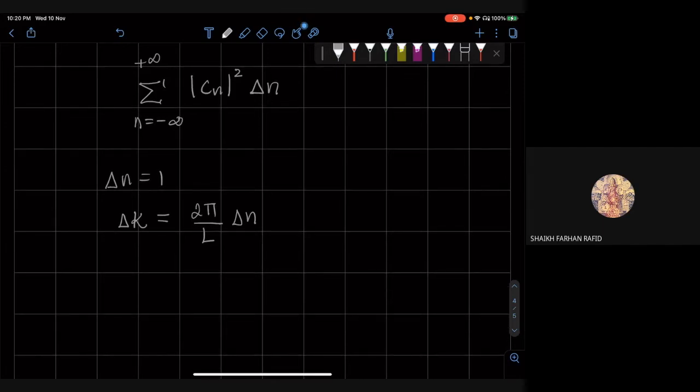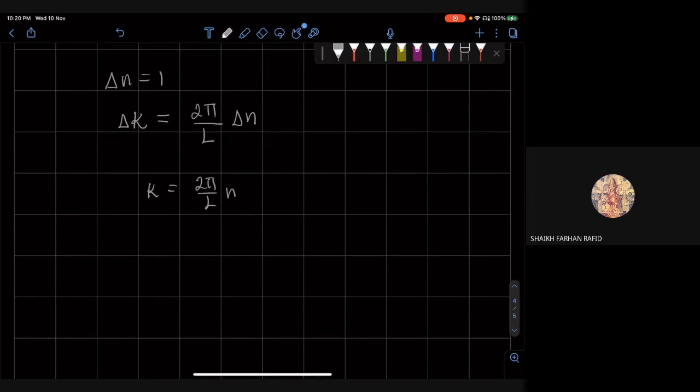So then k would be defined by 2 pi n by L. So then our right-hand side of Parseval's formula becomes, we are going to take some funny limit now.